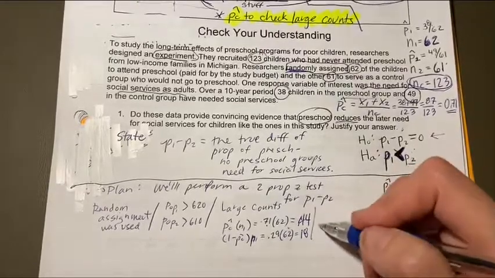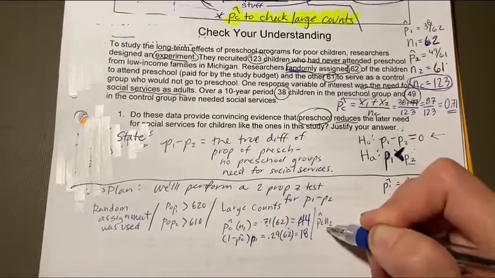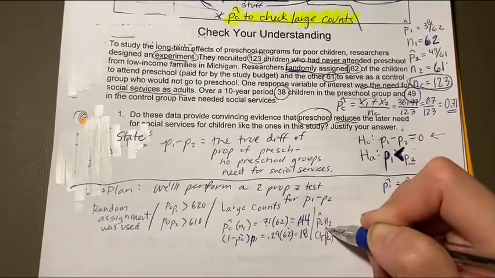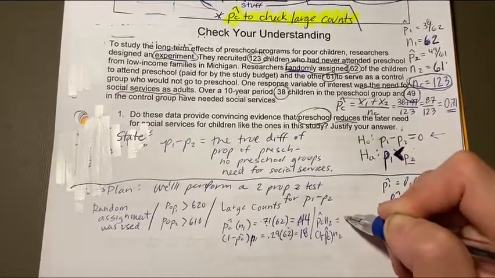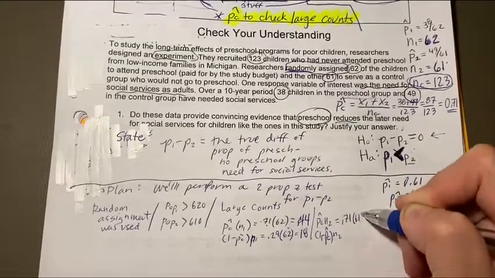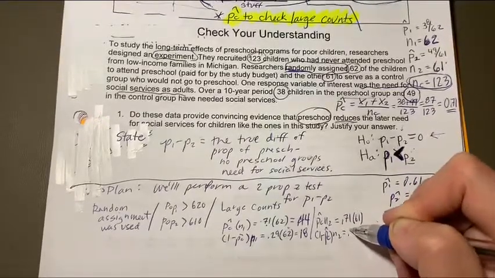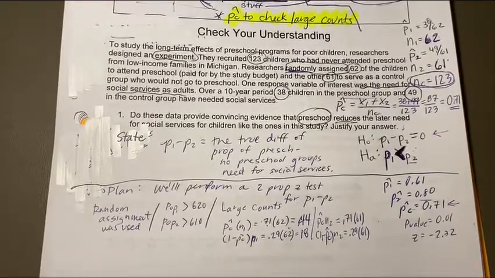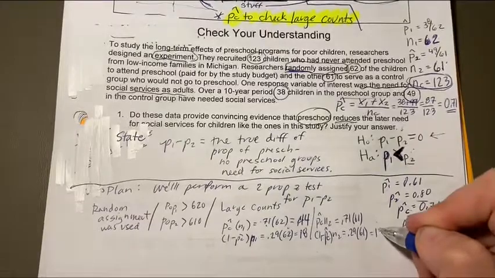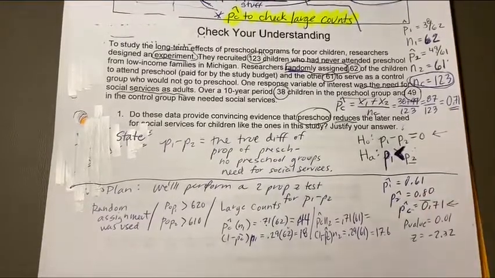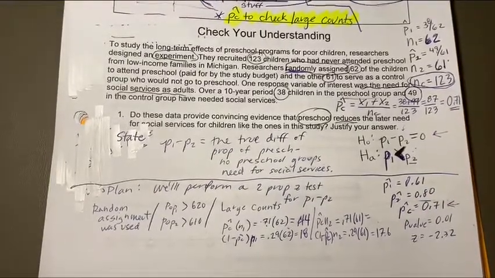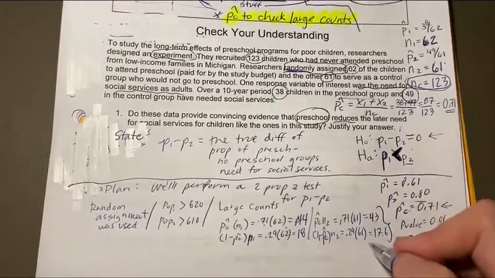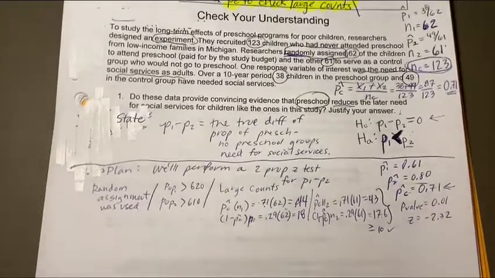And now checking the other count, p_c n2, 1 minus p_c n2, we get 0.71 times 61 people, 0.29 times 61 people. That's 17.6. Pretty much close to the other 43 people. And all these are greater than or equal to 10. So large counts apply.